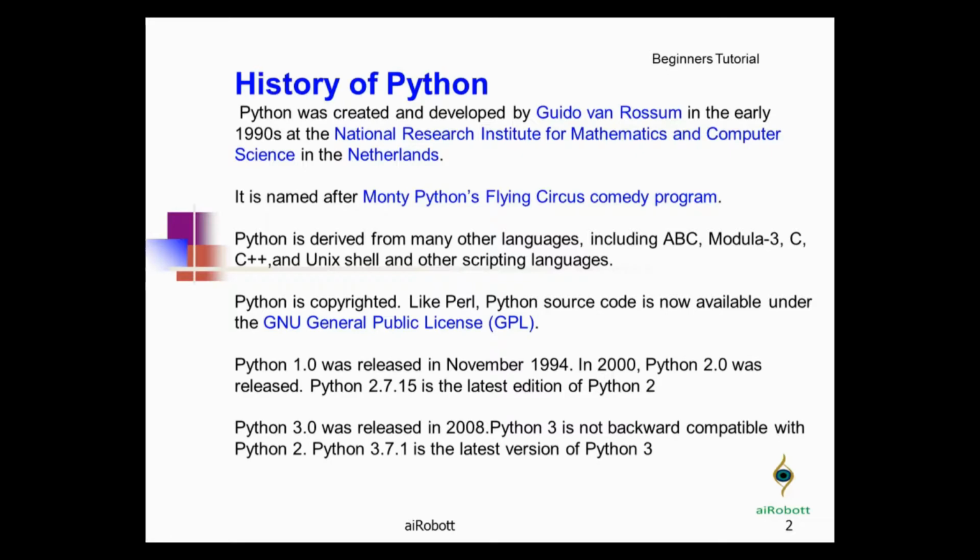Meanwhile, Python 3.0 was released in the year 2008. Actually, Python 3 is not backward compatible with Python 2. Now Python 3's latest version is 3.7.1.